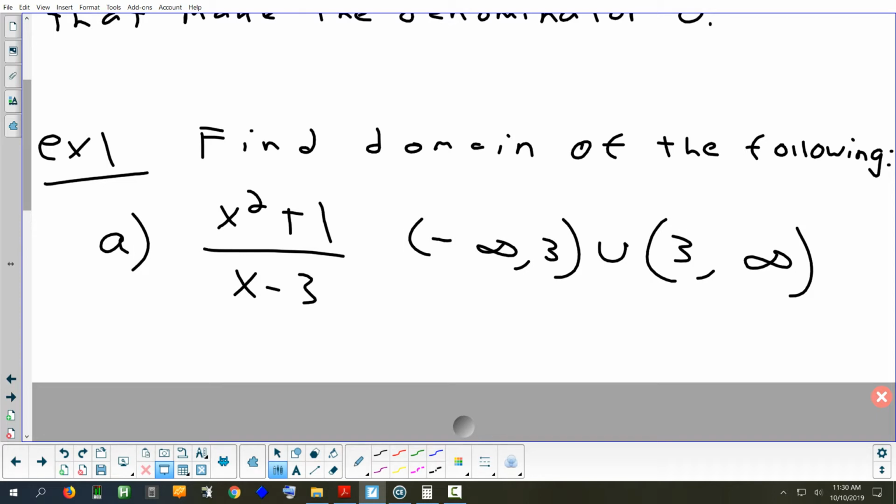Any questions on how I wrote it that way? Okay. Or you could write all real numbers except when x is equal to 3. All reals not equal to 3, however you want to say it.